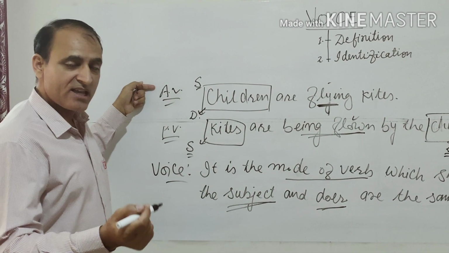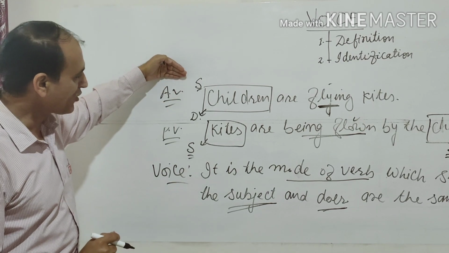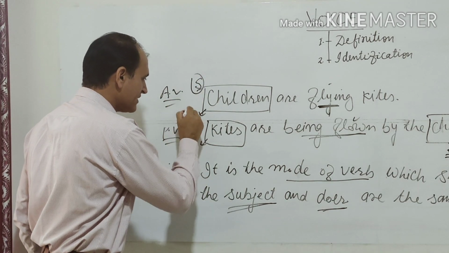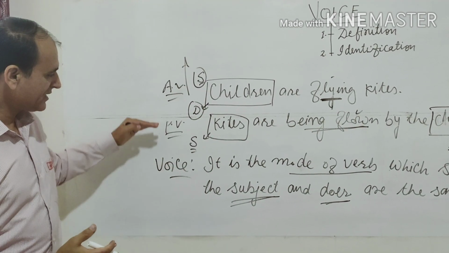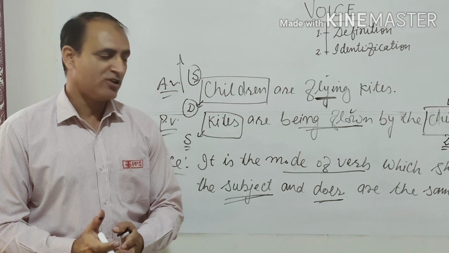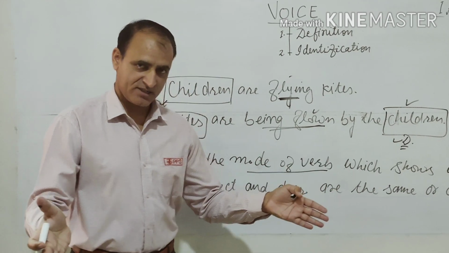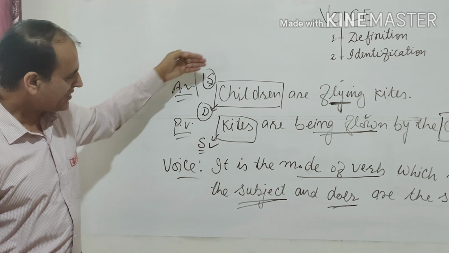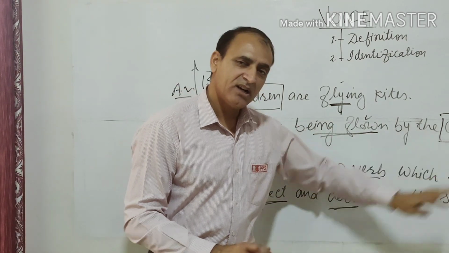The active voice is that mode of the verb in which subject and doer are the same. If we talk about the passive voice, then the definition will be that passive voice is that mode of the verb in which subject and doer are different. So once again, in active voice, subject and doer are the same, but in passive voice, subject and the doer are different.